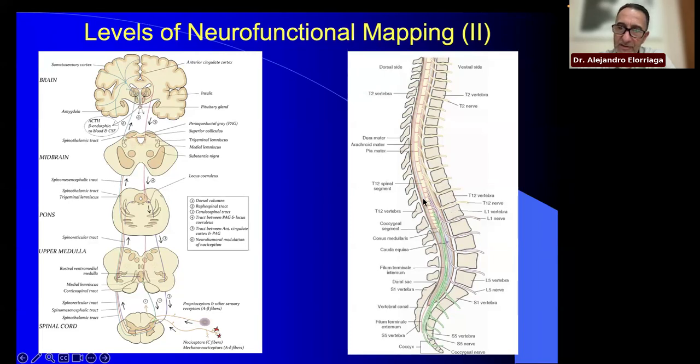So that area is more reflexogenic than any other area in the body, particularly in the territory of the posterior primary rami, T10, L2, because you are affecting anything that goes from, let's say, T10 to S5.